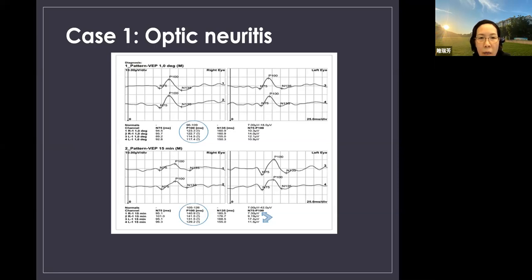We can see the patient has painless vision loss, and the P100 peak time is delayed compared to normals, and the amplitude is also decreased compared between the two eyes. So we can see the right eye is diseased.